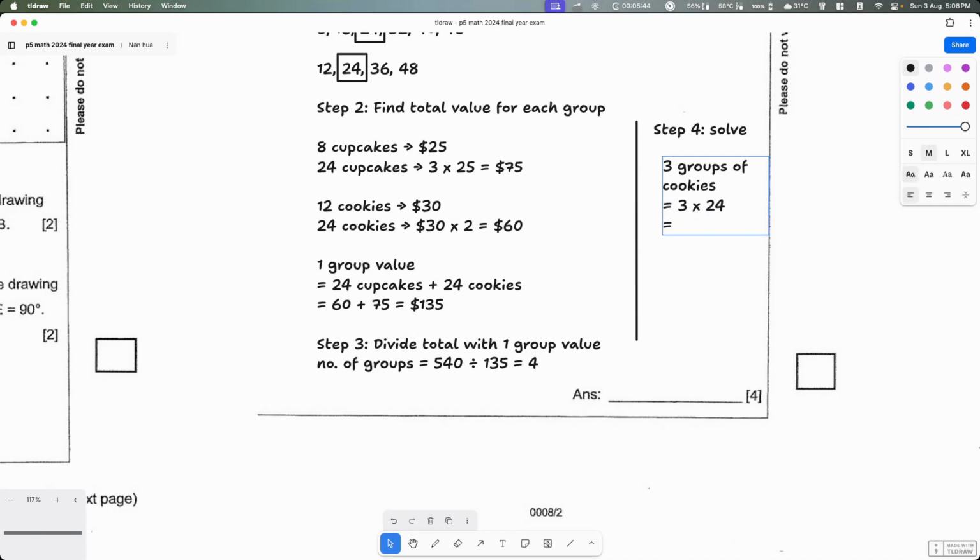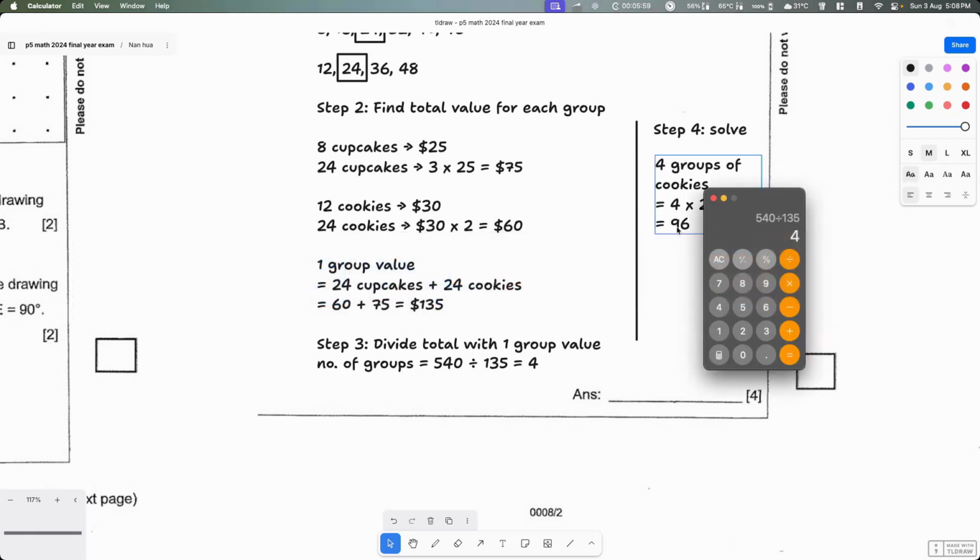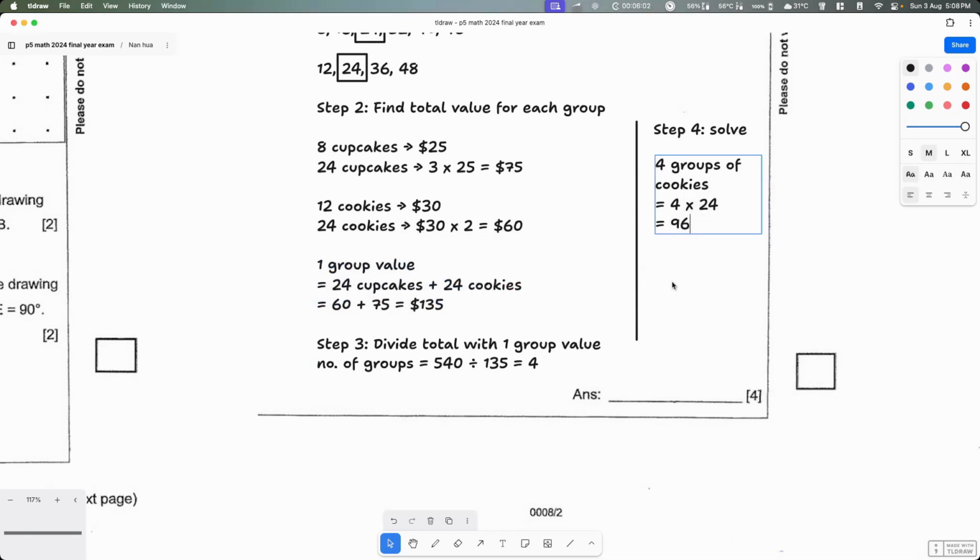This will give us 72 cookies. Is it 3? Sorry, 4 groups, not 3, 4 groups. 4 groups, 24, 24, 48, 96. Multiply by 24, this is 96. So the answer is 96 cookies. There we go. All right.